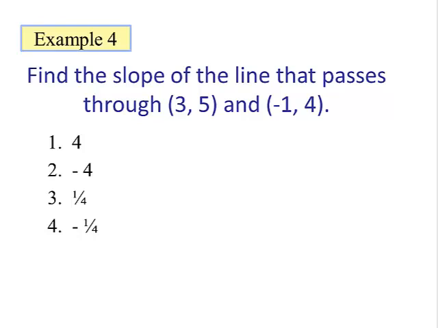Find the slope of the line that passes through (3, 5) and (-1, 4). To answer this problem, we first have to use the formula for slope: y2 minus y1 over x2 minus x1.